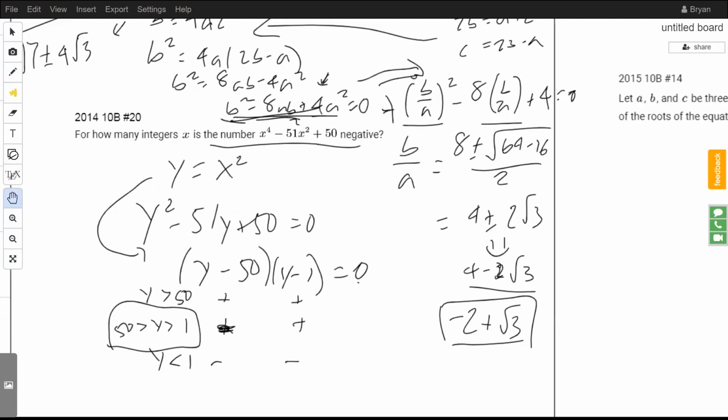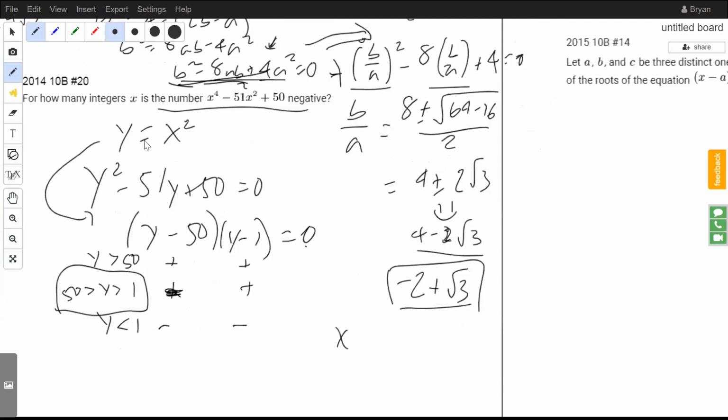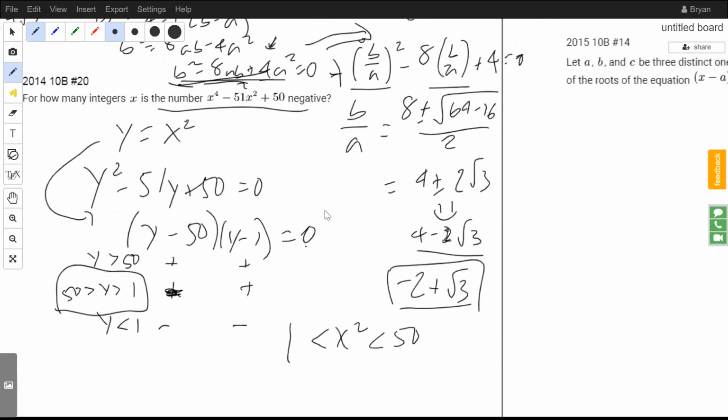So we simply have x squared is between 1 and 50, and this means that, okay, I actually want you guys to think about it. We're asking how many integers x are there such that this.